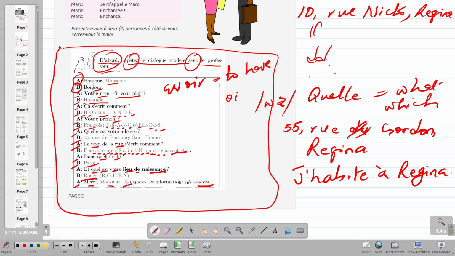Just know that j'ai means I have. J'ai toutes, all. I have all the information necessary. Donc, voilà. This brings the previous dialogue together. It adds to the previous dialogue.